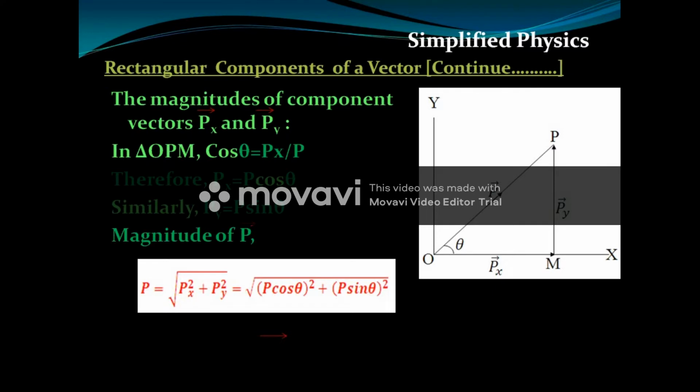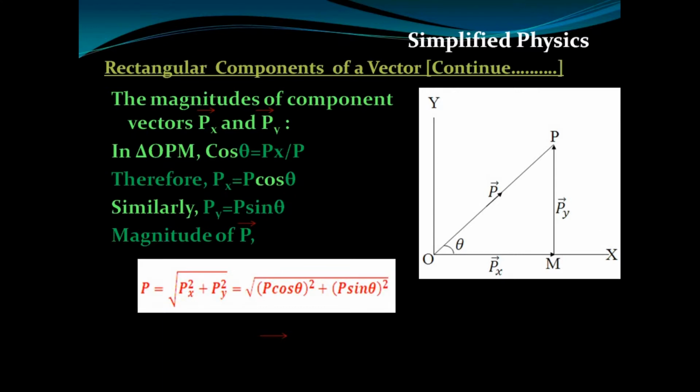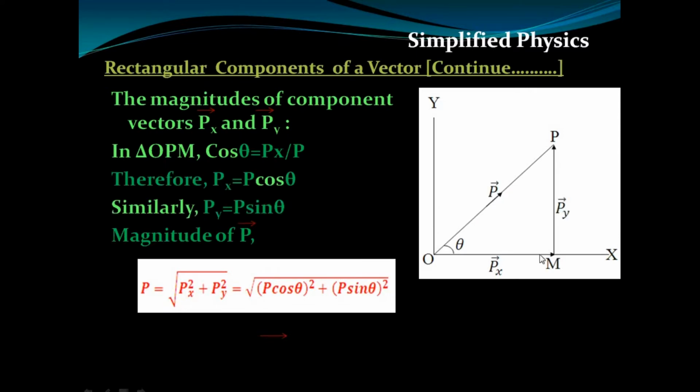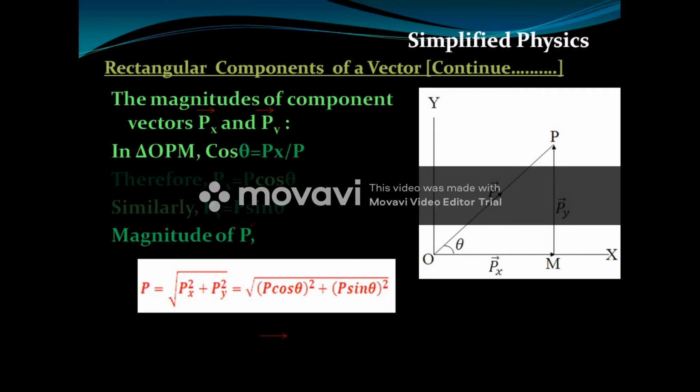What about the magnitude of P itself? When two vectors are at right angles, the magnitude of the resultant vector P, according to the triangle law of addition of vectors, is Px square plus 2PQ cos phi plus Py square. Here phi is the inner angle, cos 90 equals 0.